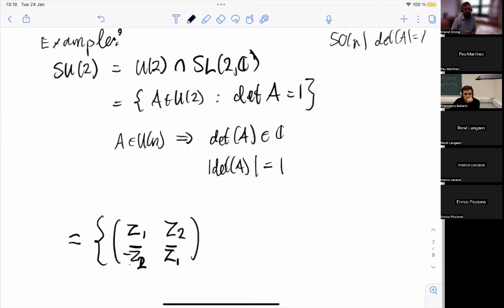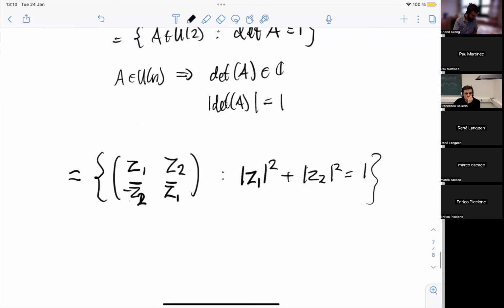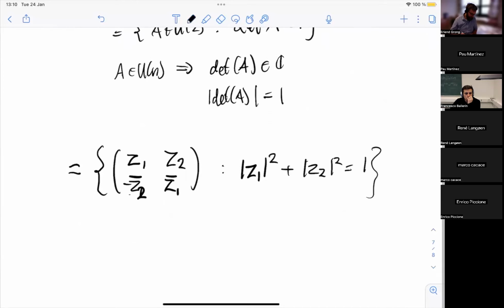So they are matrices of two complex numbers given here, such that the determinant is equal to 1. Well, that's just this plus this being equal to 1. So that's how all of the matrices in this group look. They are given by two complex coordinates which together add up to 1.